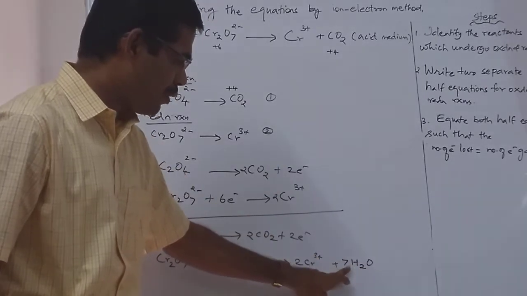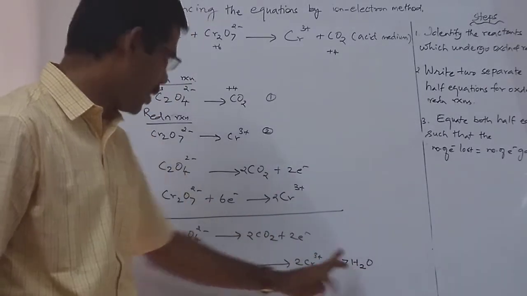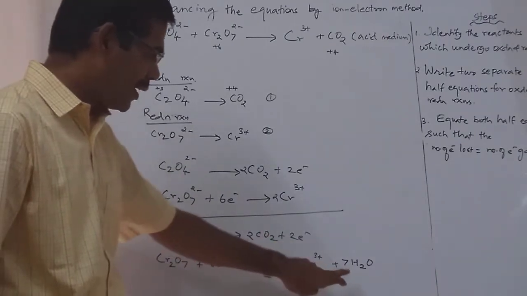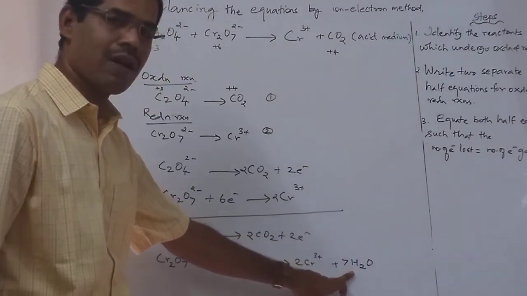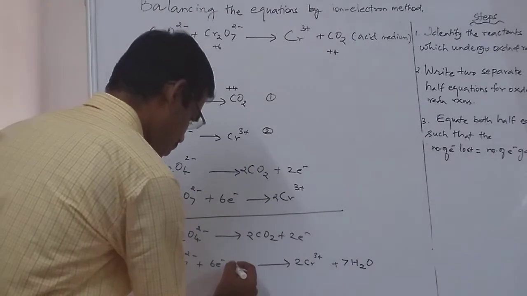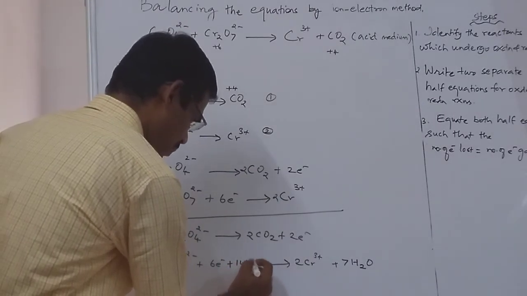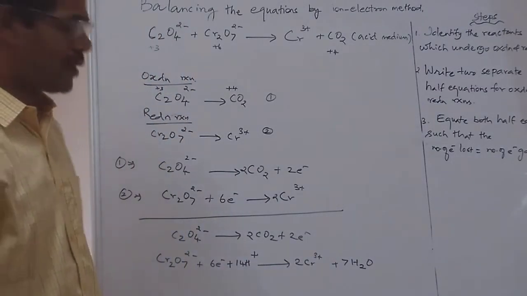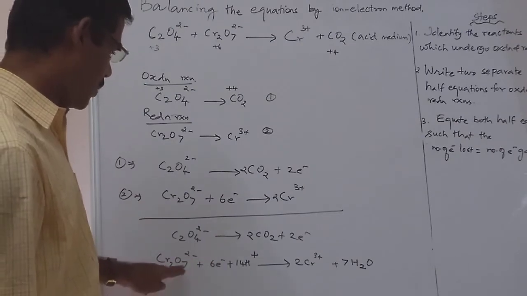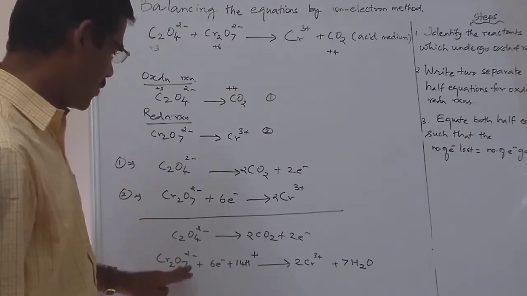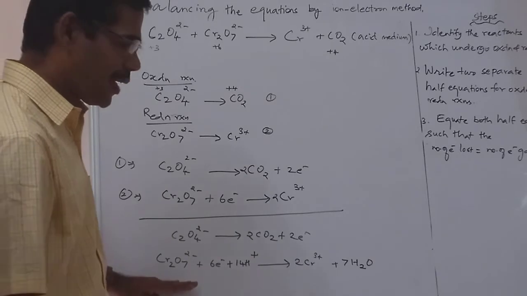So when I add 7 water molecules, what will happen? Now you have 14 hydrogen atom which is not there on the left hand side, so to make the number of hydrogen atoms equal on both sides I am introducing 14H plus on the left hand side. Let me repeat it once again. அதாவது 7 oxygen atom left side இருந்துச்சு, எனக்கு right side oxygen இல்ல.